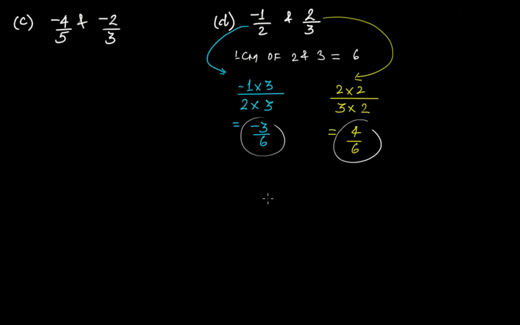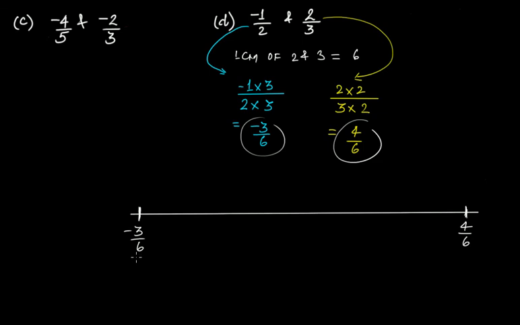Now, same thing, think of it as 2 destinations. One is here, 4 over 6, and one is here, minus 3 over 6. Focus on the numerators. This is 4, this is minus 3. Clearly, if you think of it as a number line, when we move towards the left, the value goes on decreasing.